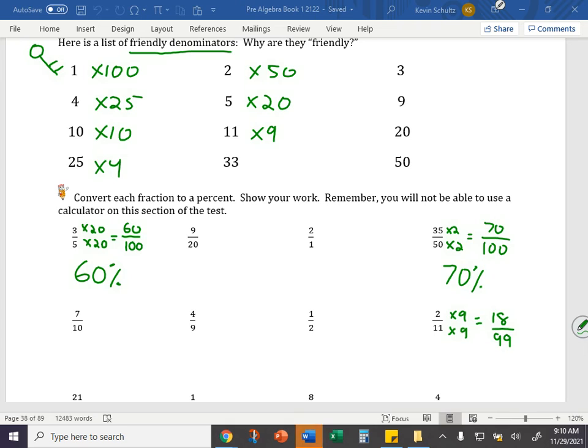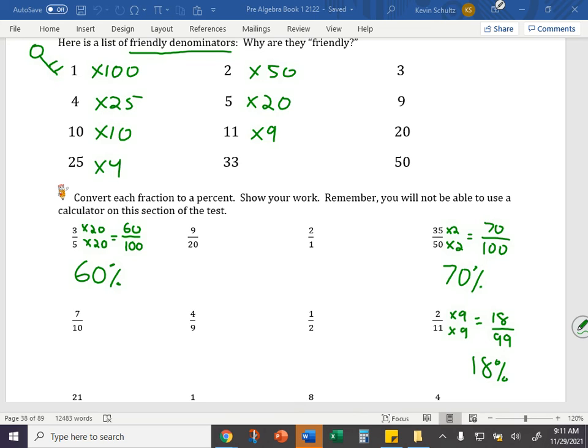That's close enough to where I can say this is going to be 18%. Okay? So when you did this last year in 6th grade, you probably didn't work with 11 and 9 too often. Now we are, because we can get so close that we're still going to consider that friendly.